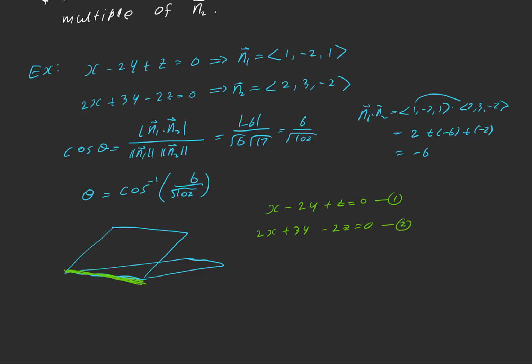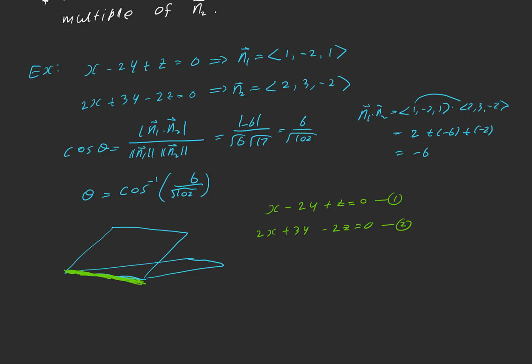Using these two equations, we need to find x, y, z. We cannot find exact values of x, y, z because there are three variables but two equations. Actually, this is not just one point. There are infinitely many points on this line, right? So therefore, we need to find the line.